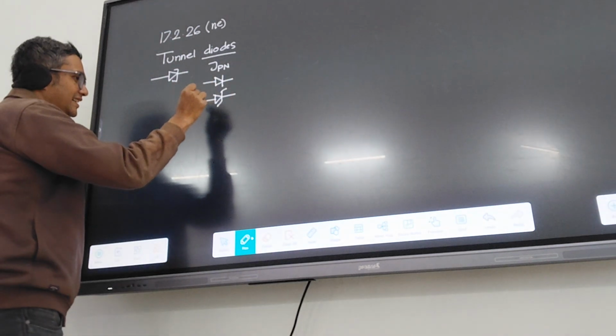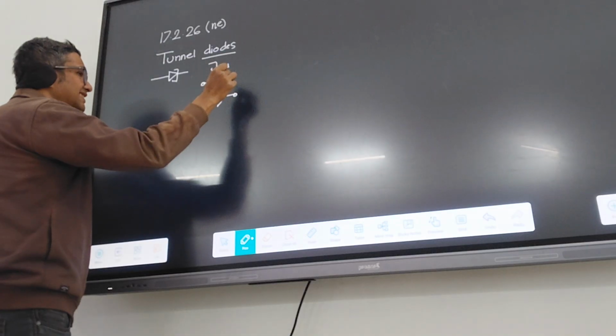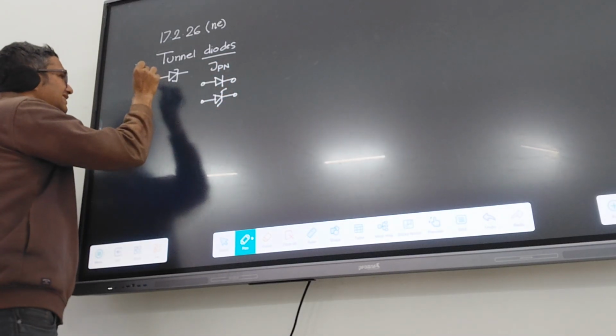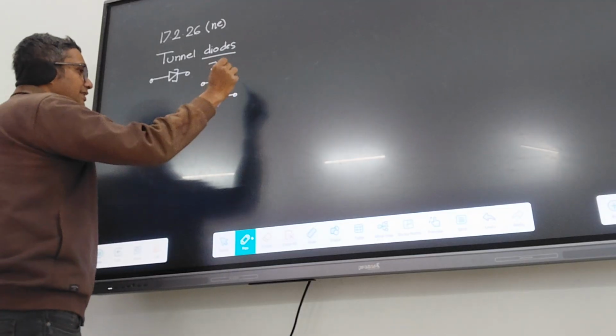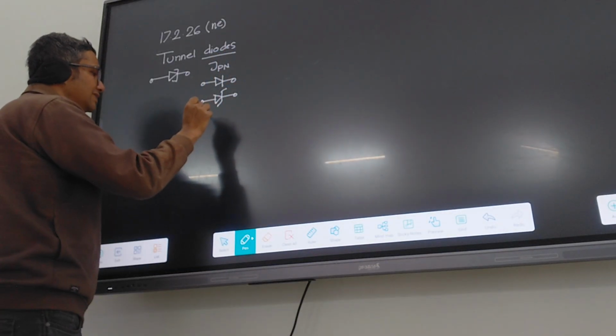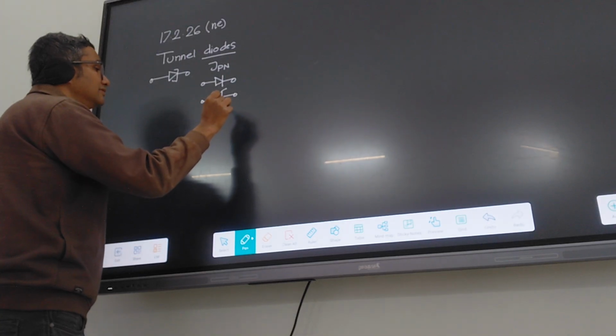This is called a Zener diode. This is a tunnel diode. This is a normal PN junction diode. This is a Zener diode.